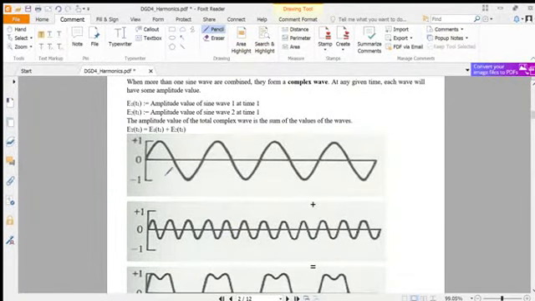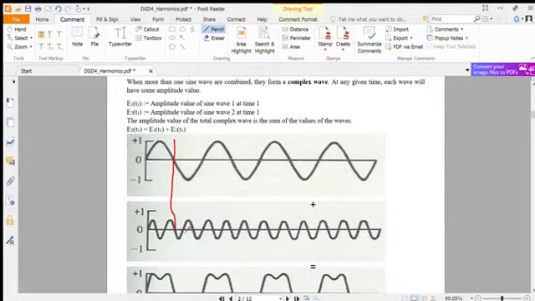Here is the fundamental wave, and this is the third harmonic wave, because there are 3 half cycles in the first half cycle of the fundamental wave. In the first period there are six half cycles, so it's a third harmonic.